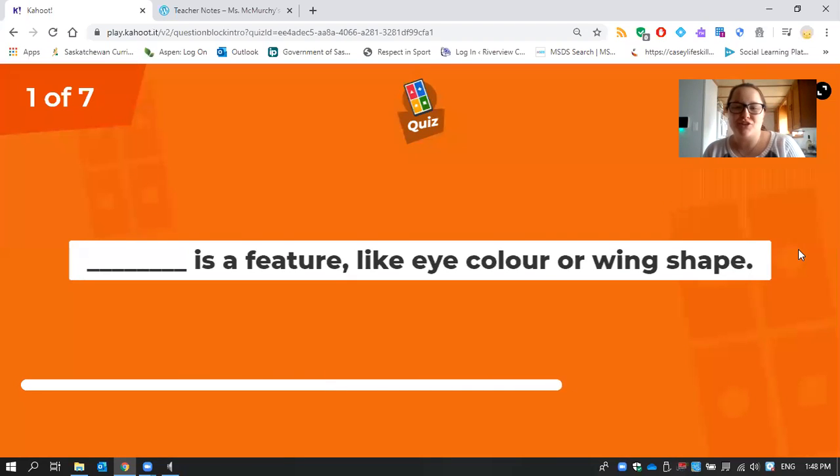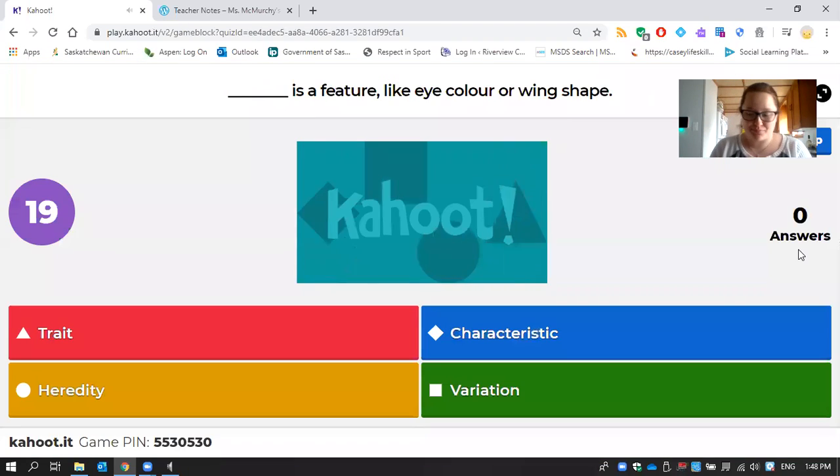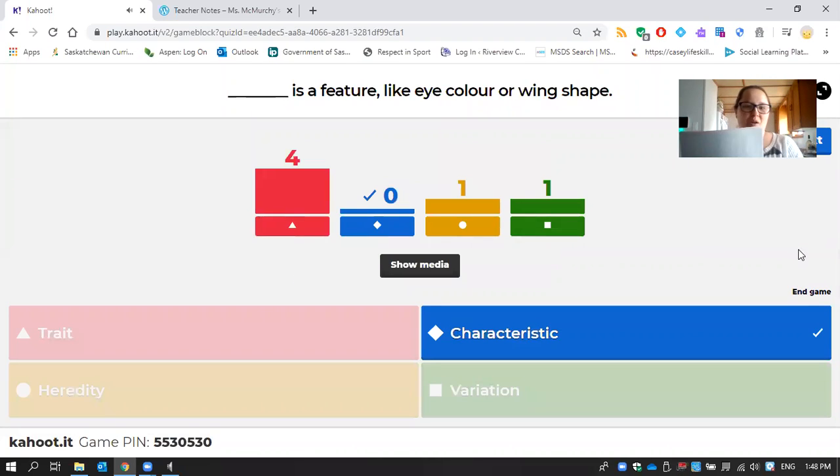So blank is a feature like eye color or wing shape. Okay, so just talk about this one here. So characteristic is the general, if you want to call it, a category.